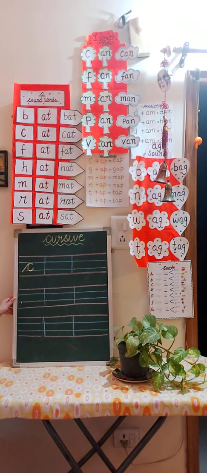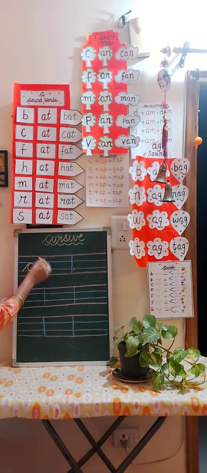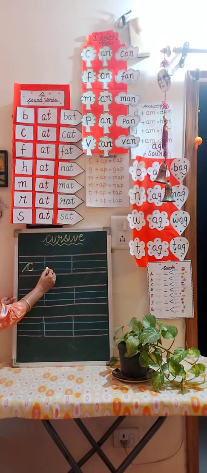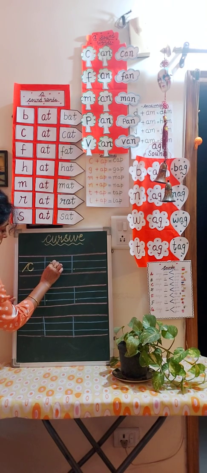This is C. See again, you have to go slant. Put the pencil on the dot, slant up, turn, come back, touch blue line and up.